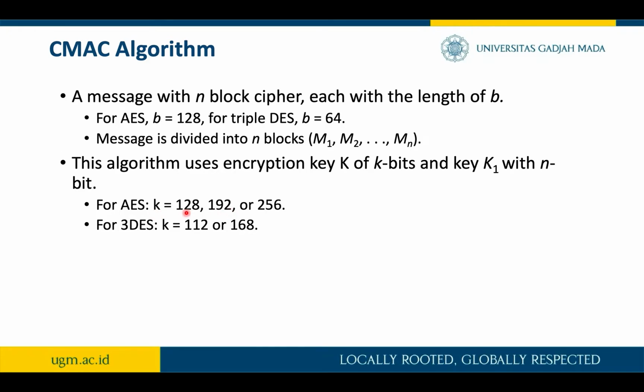So for AES, the length can be 128, 192, or 256. While for triple DES, we can use either 112 bits or 168 bits of key. Again, this is the length of the encryption key here, not this one.